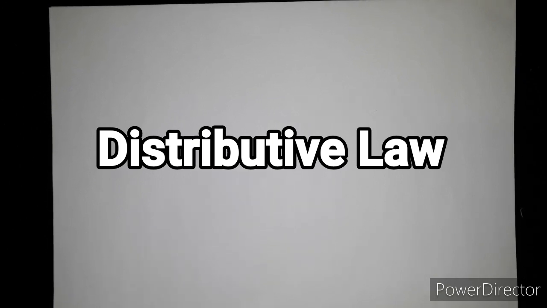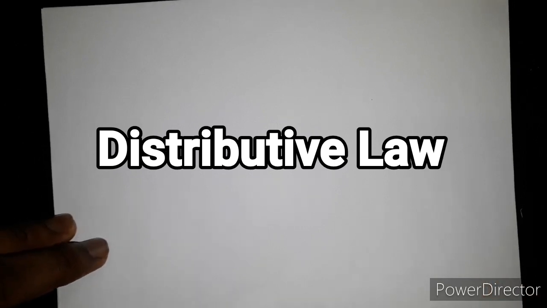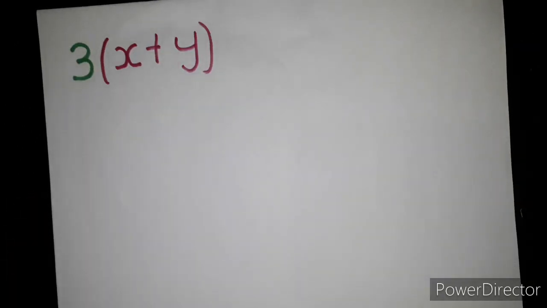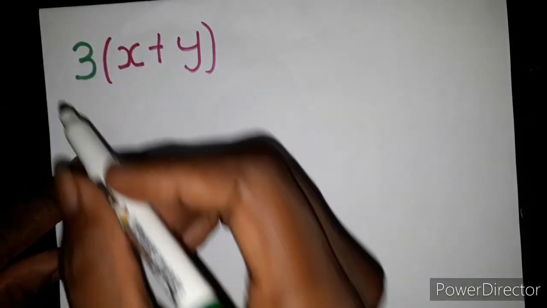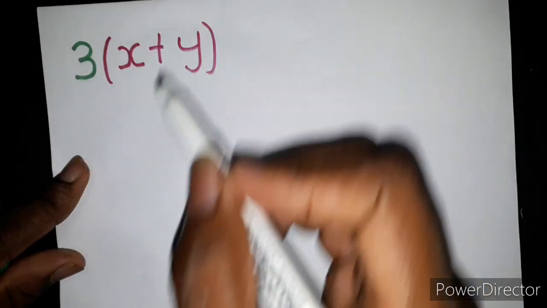From that scenario, what the distributive law is basically telling you is that you take a number and you distribute it to each member of a group that is adding or subtracting. Here's an example. We have the term 3 open bracket x plus y, and it says simplify using the distributive law. We take this 3 and distribute it to these two terms.